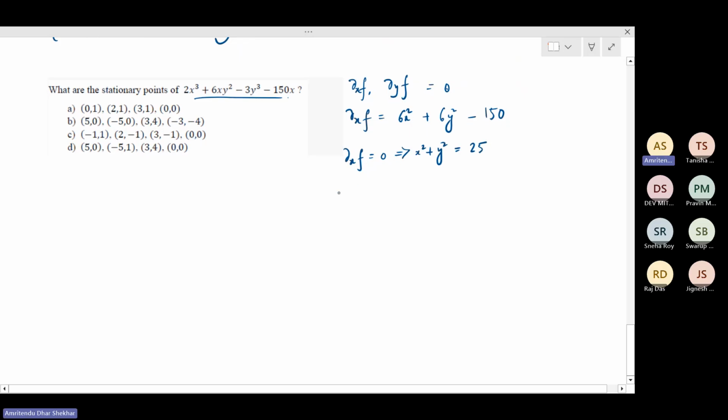Okay, now what is del y of f? Del y of f is equal to 12xy minus 9y squared. And if we equate that to 0, we get y times (12x minus 9y).